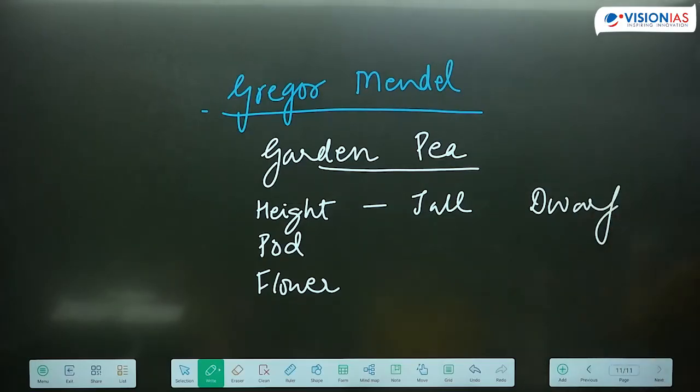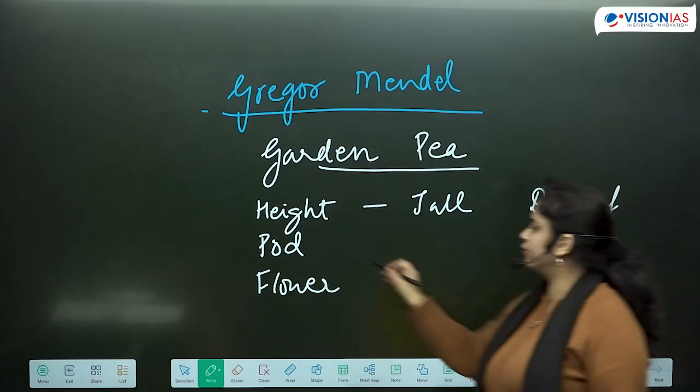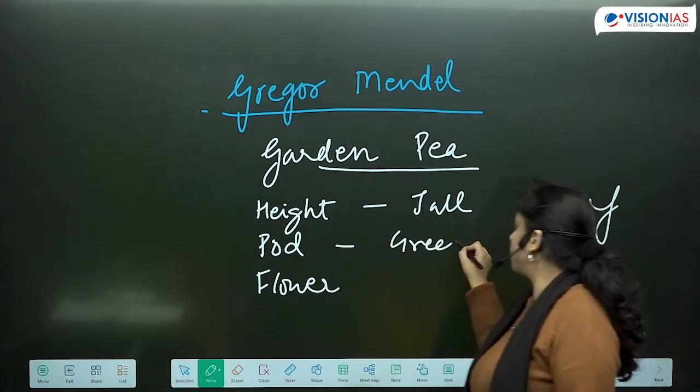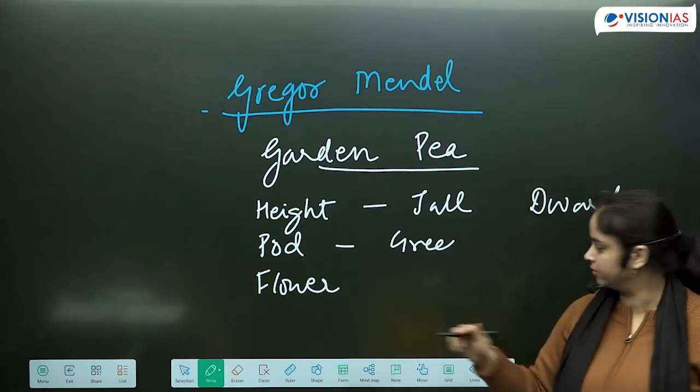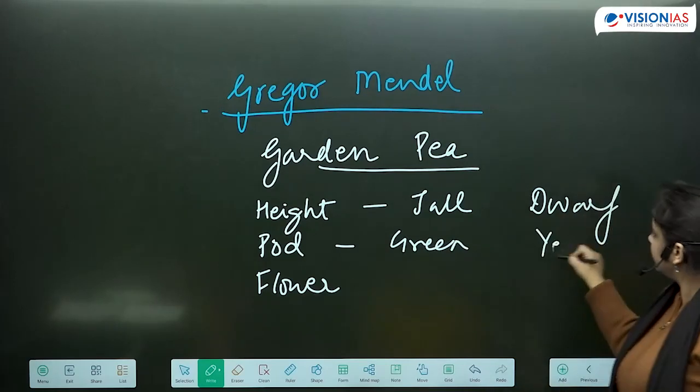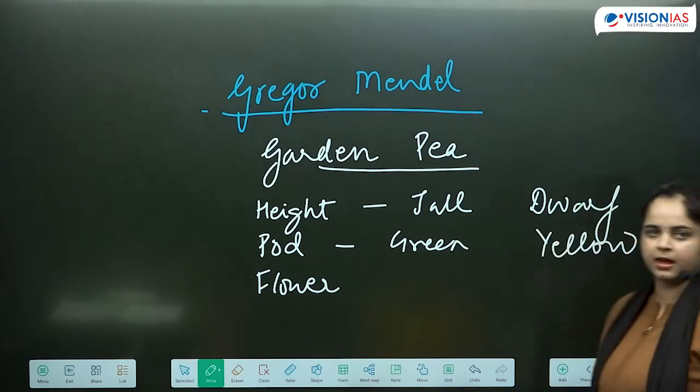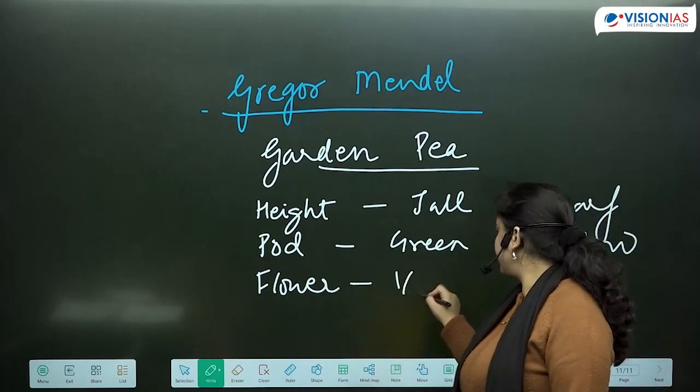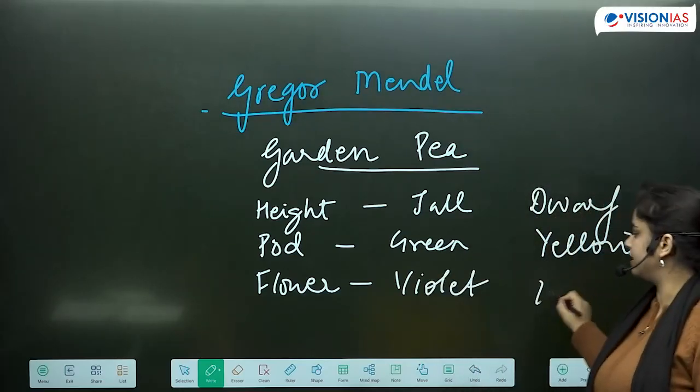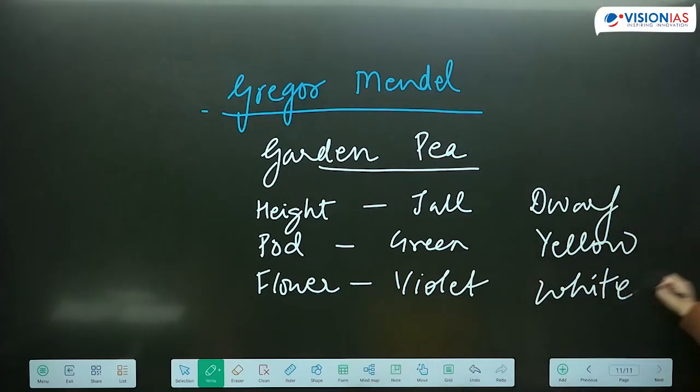No medium height plant or any other variation was there. Sirf do extreme contrasting traits. If he looked at the color of the pod, the pod is the outer covering of matar, कि या तो green है या yellow. If he looked at the flower, it would be violet or white. And just like this, he studied a couple of other features also.